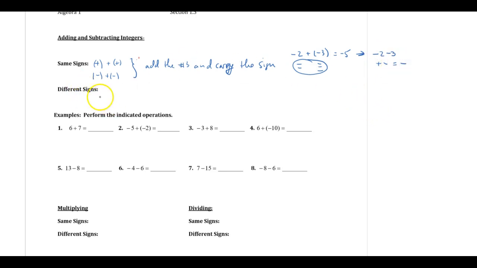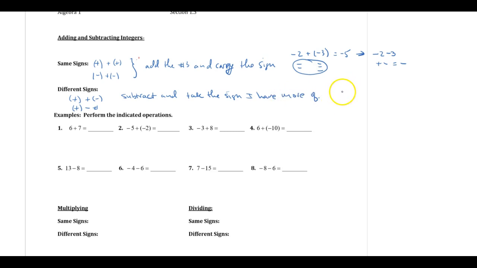Now, different signs. So say I have a positive plus a negative, or say a positive minus a number. If I have different signs, okay, I basically subtract and take the sign I have more of. Okay?